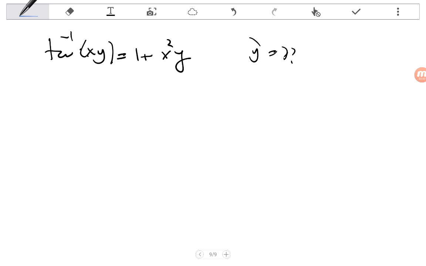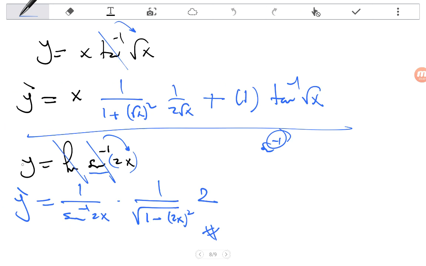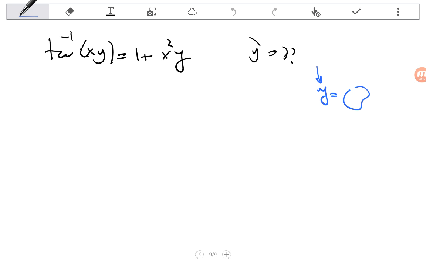Because it is an implicit expression. I don't have the y by itself on one side. All these expressions were explicit expressions. So that was explicit differentiation, but this one is implicit differentiation because I have the x, y all together on both sides.